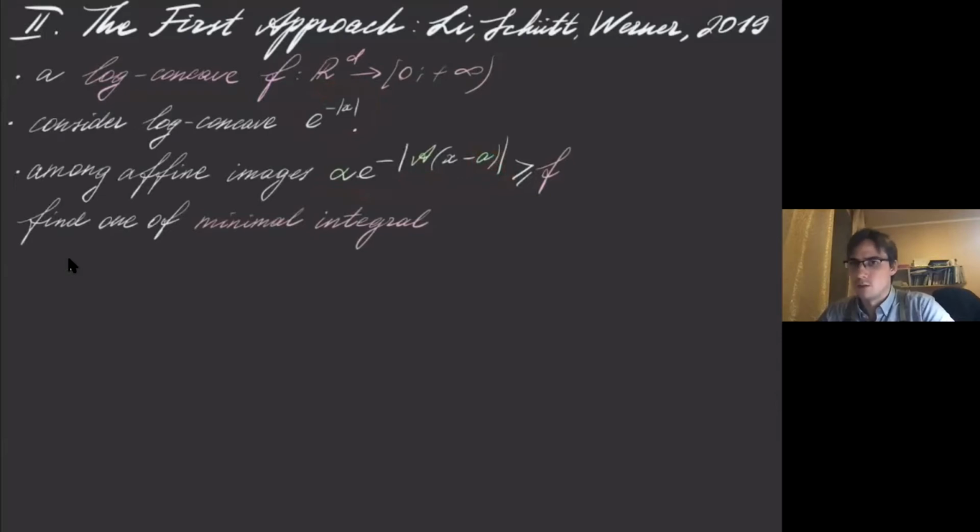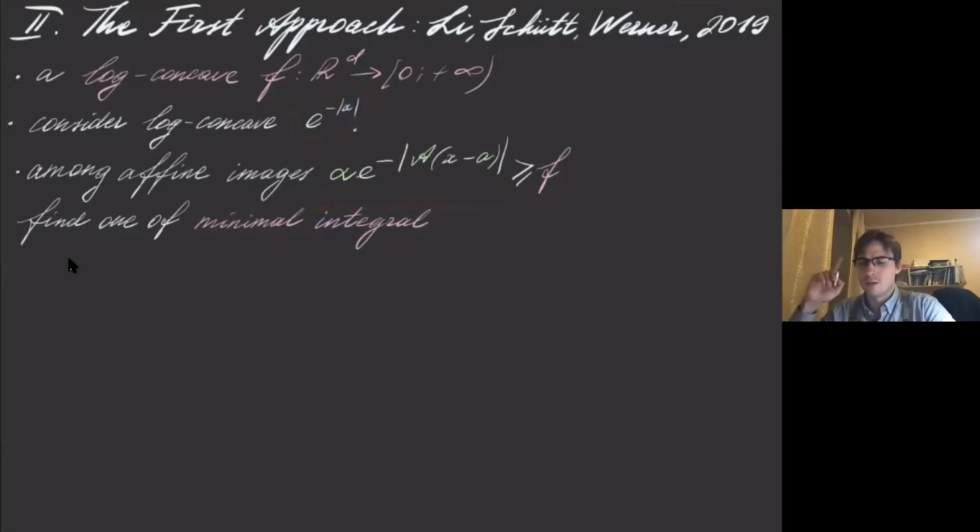Capital A is a non-degenerate linear operator in R^d, and alpha is a positive scalar. Among affine images of this function, namely the functions of such a form that are pointwise at most the function f, find one of the minimal integral.